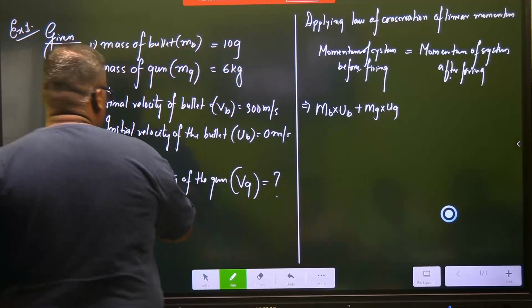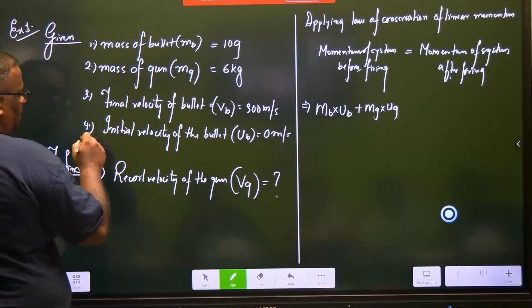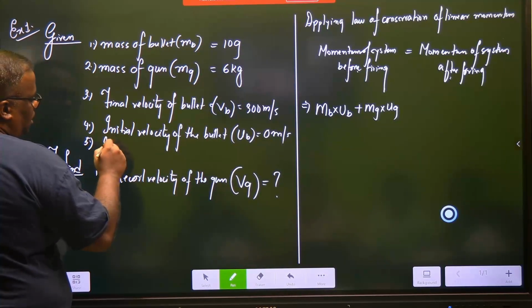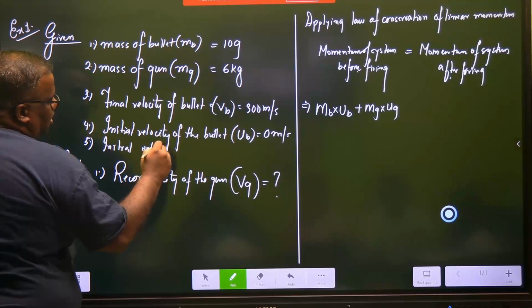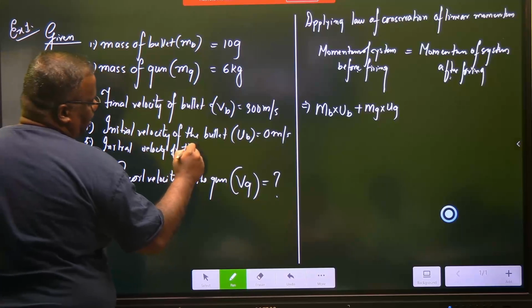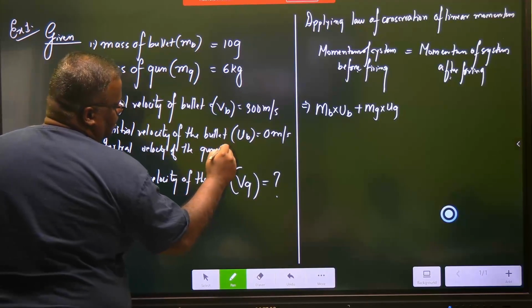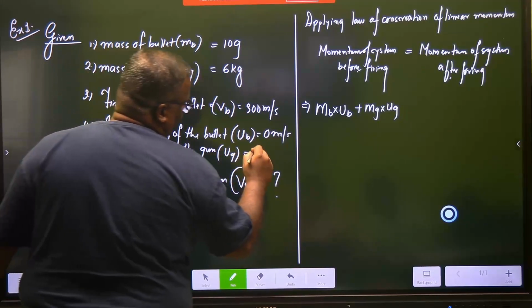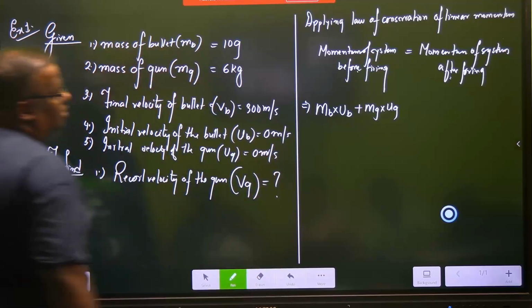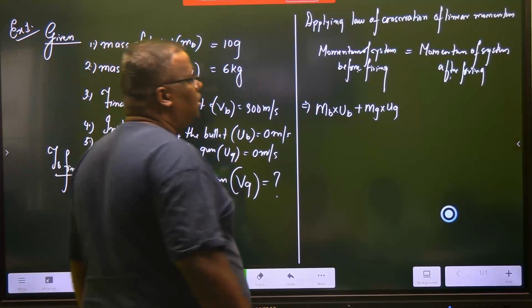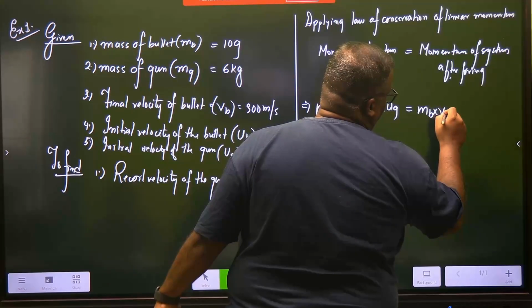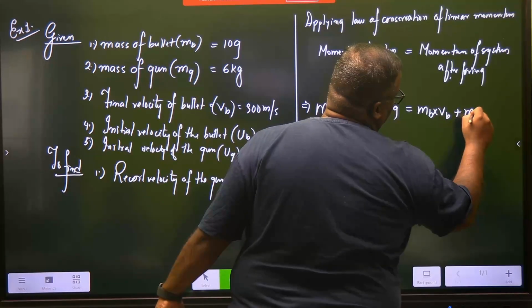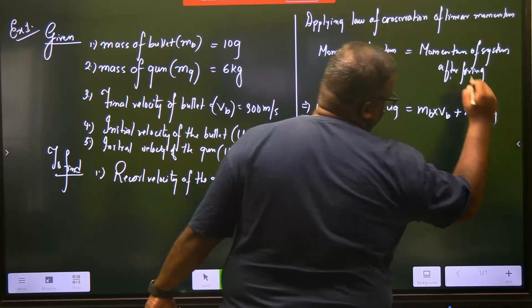So we should also write one more data, that initial velocity of the gun, that is UG, should also be equal to 0 meters per second. Fine. Should be equal to momentum after: mass of the bullet into VB plus mg into Vg.